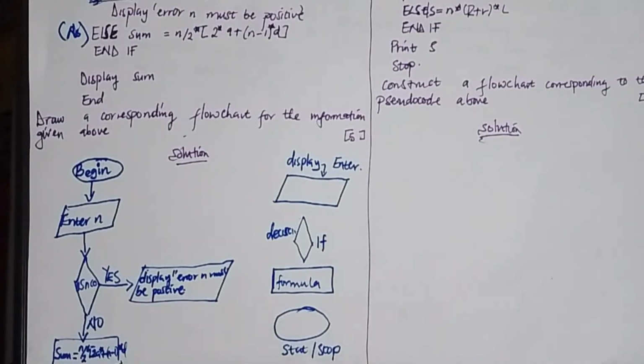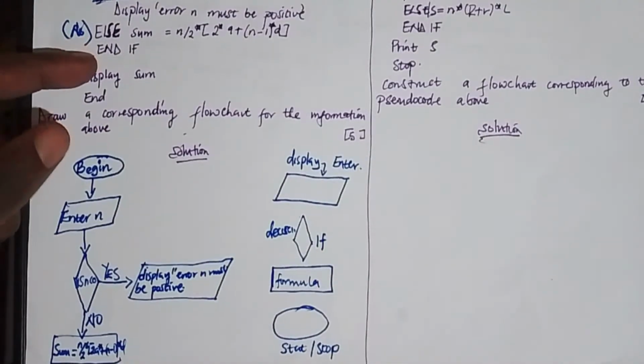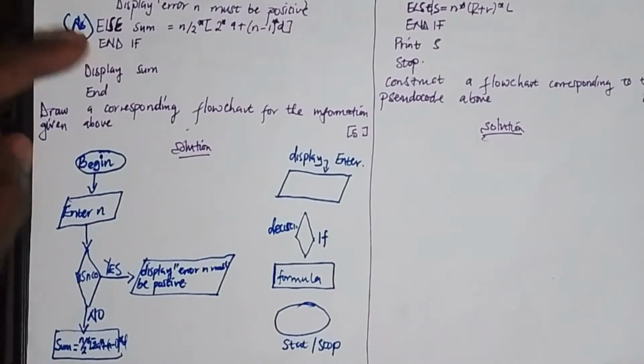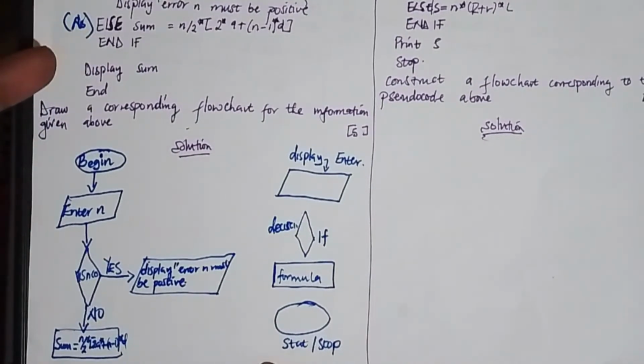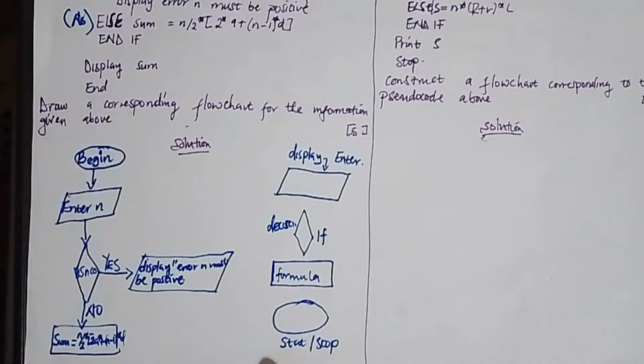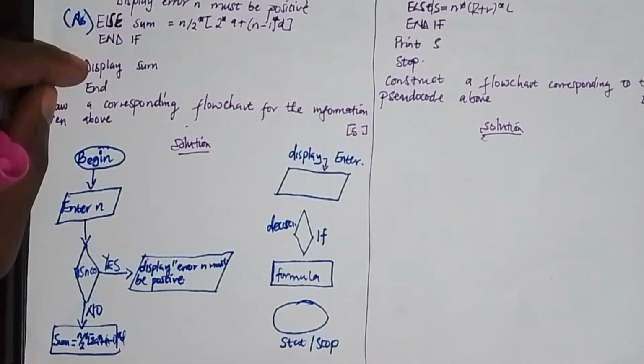Yeah, the space was small. Then once you write the formula, you move on to the next sentence. End if: remember, we don't write it in any box. We skip it.